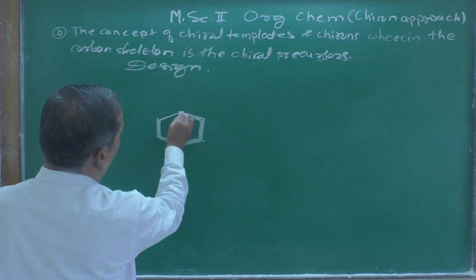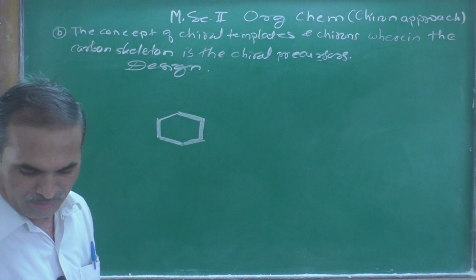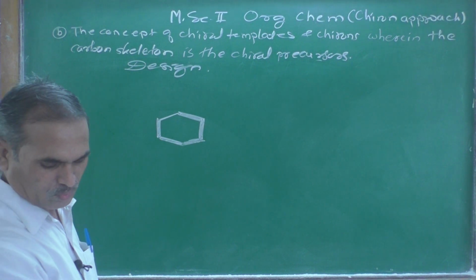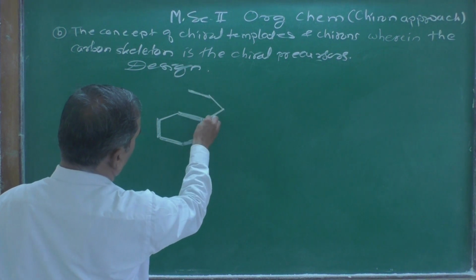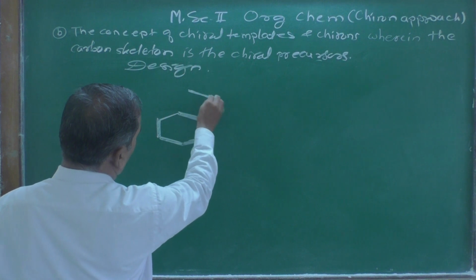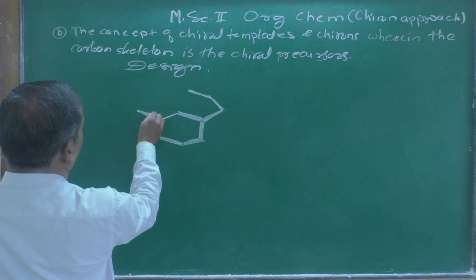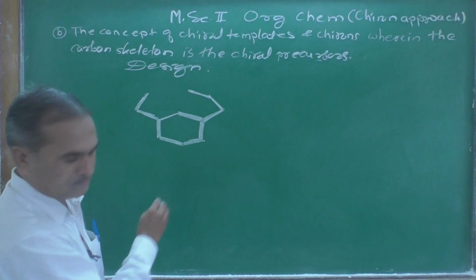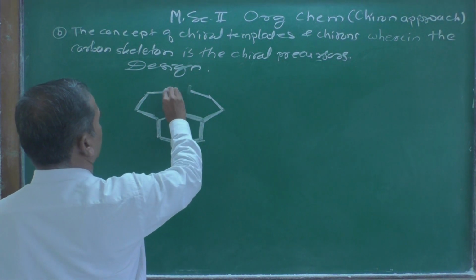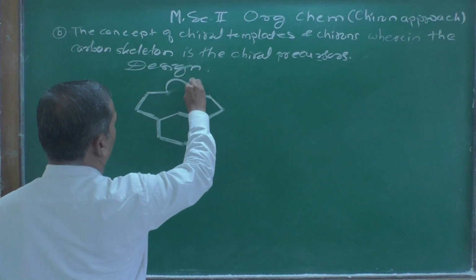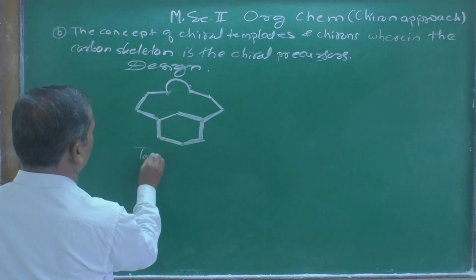I am highlighting these bonds so that you can remember the carbon skeleton here. This is the bond, then this side also, then this side, and it will be like this. Then this is our target, you can remember.